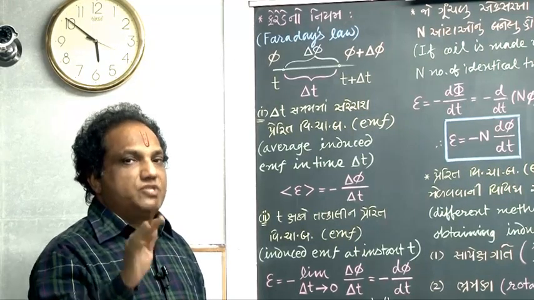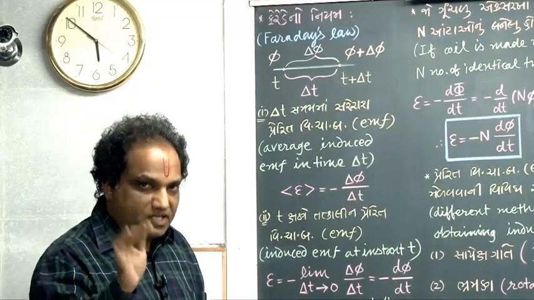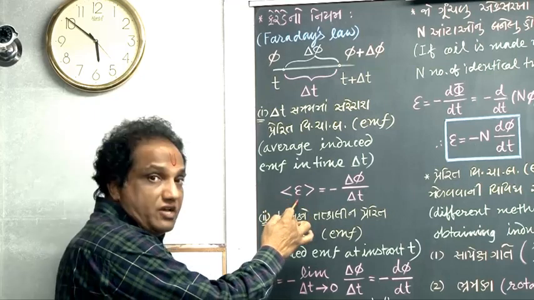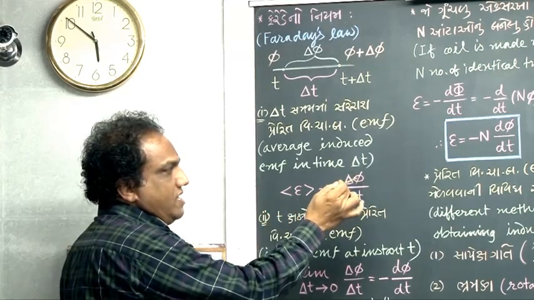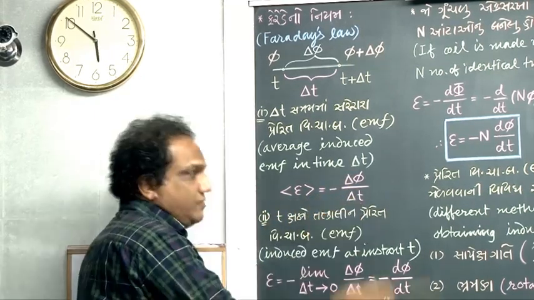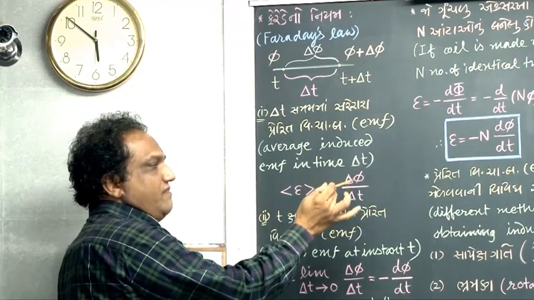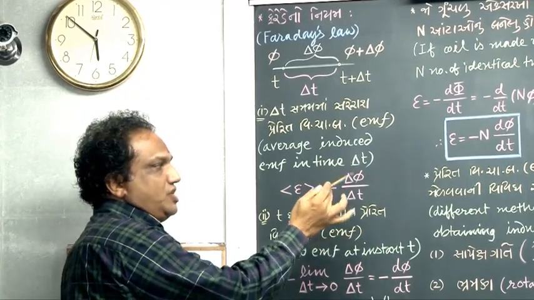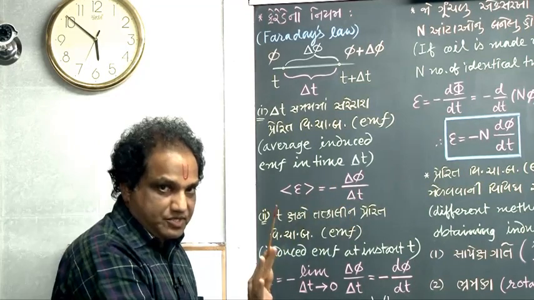That was derived by Mr. Faraday, and that result is this: average E equals to minus delta phi by delta t. Remember, this delta phi by delta t means ratio of change of magnetic flux to the time lapse.